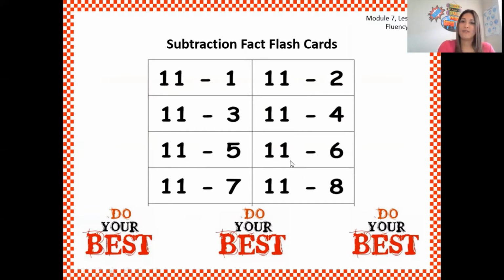Next one, 11 minus 6. 5. Next one, 11 minus 7. 4. And the last one, 11 minus 8. 3. Very good. If you got all of those right, go ahead and kiss your brain.